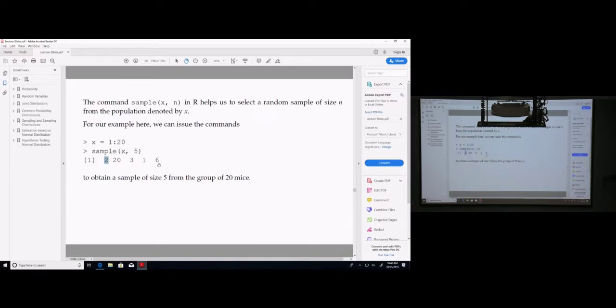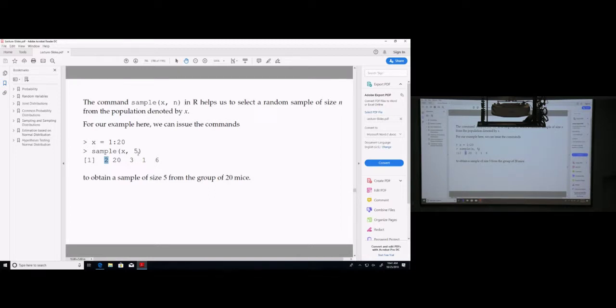But we are not going to be interested in the order that they are appearing. Now, there is an option in the R command, sample(x, 5). The default, if you do not say it, is that they would assume you are sampling without replacement, all right?